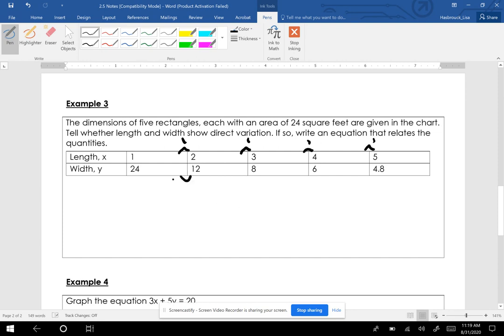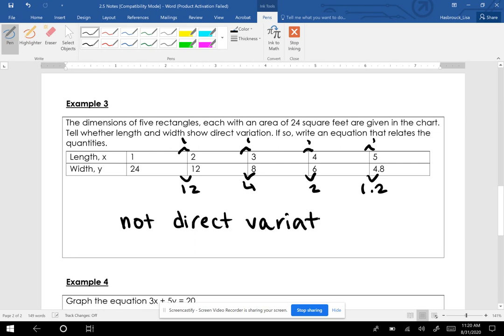In y, there's a difference of 12 here, a difference of 4 here, a difference of 2 here, and a difference of 1.2 here. These do not have a constant change. Since their change is not constant, that means this is not direct variation. So we are not going to write an equation.